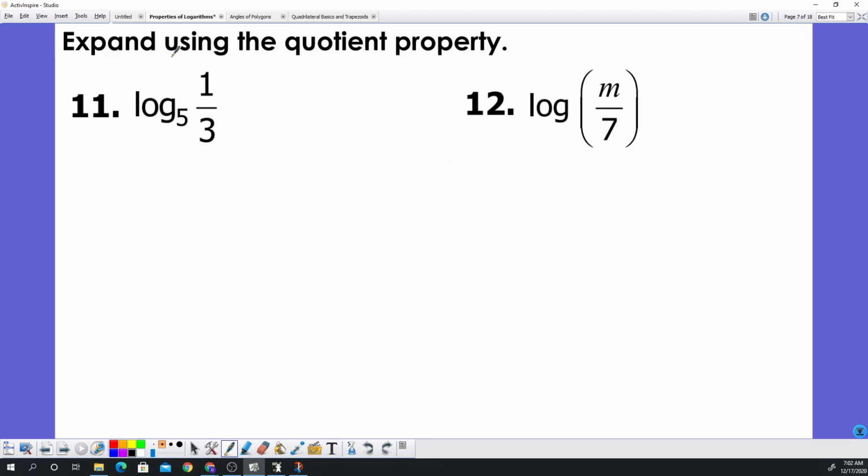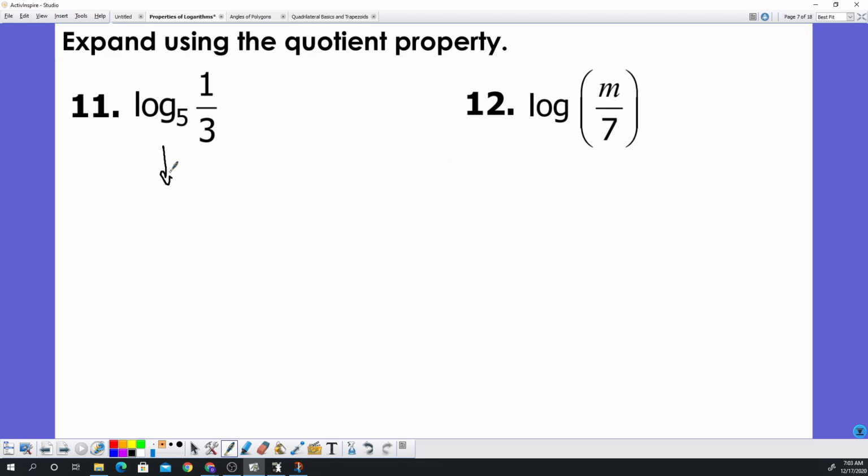Now, we could just do log base 5 of 1 minus log base 5 of 3, but usually when you do this, you want to have greater values than your starting one, because if you're searching for exponents, you don't want to end up with a fractional exponent, which would happen if we just use 1 and 3.